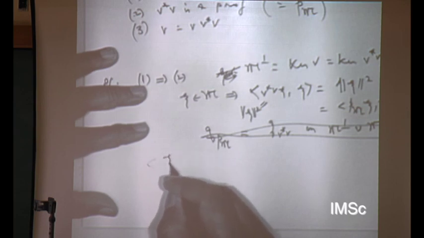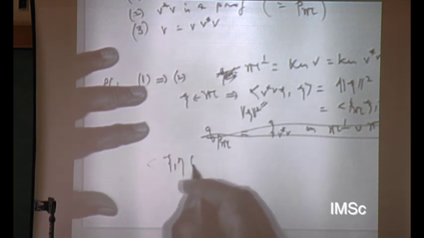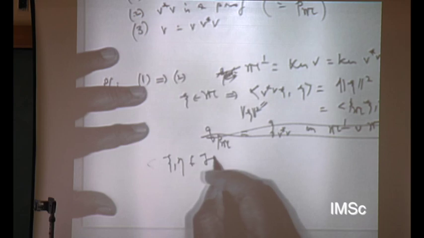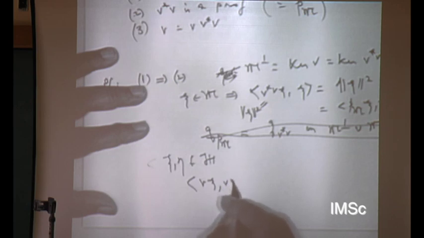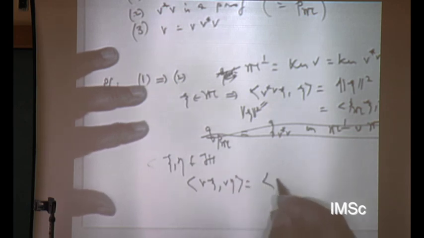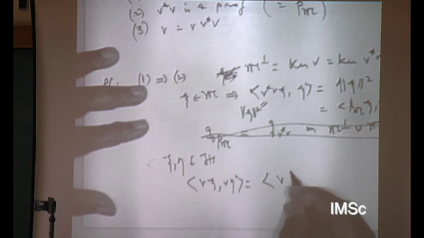Let's take any xi, eta in the Hilbert space. Then notice that V xi, V eta equal to, see, V is equal to V times P, that is clear.